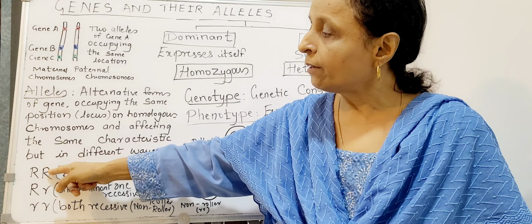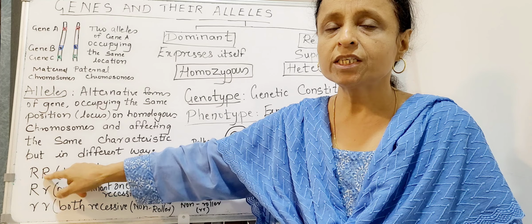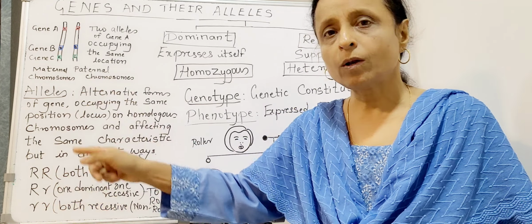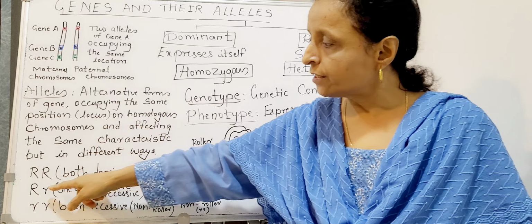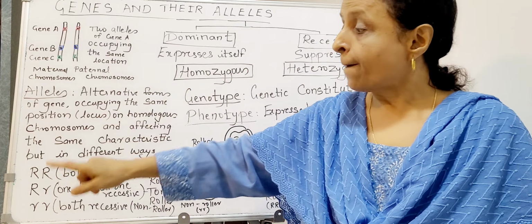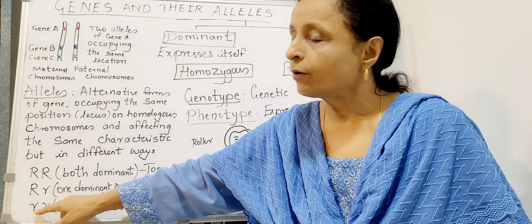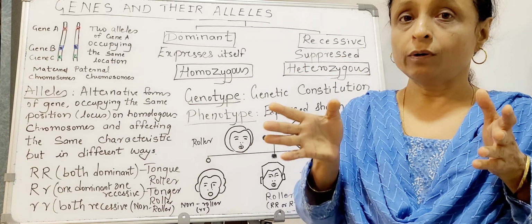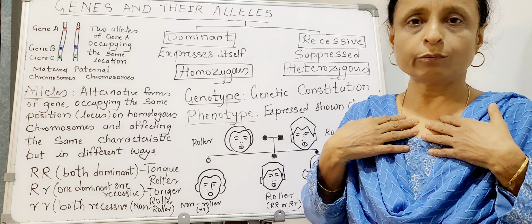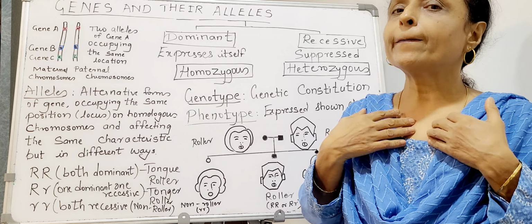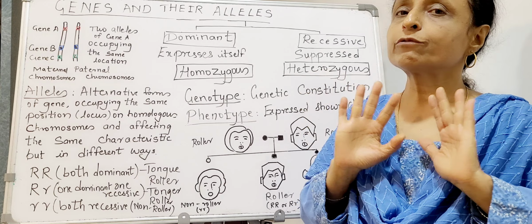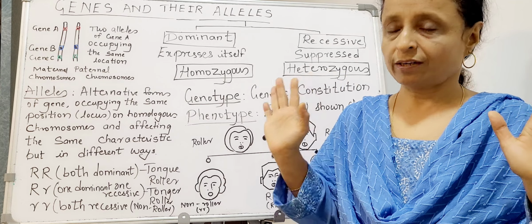But the genotype is different for both. This is capital RR and this is capital R and small r, meaning the recessive gene is present. But if it is small rr, both recessive, then non-roller. So I cannot roll my tongue; I am small rr, both genes recessive.